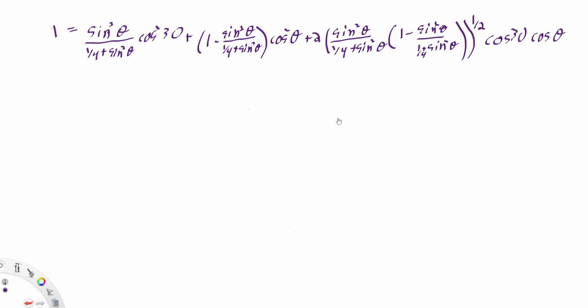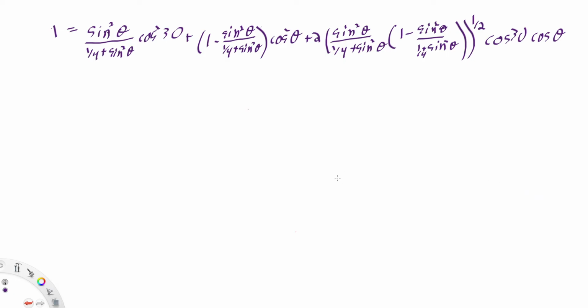There are some standard tricks to make this look better in a hurry. The number one thing that makes this equation look terrible is that there are fractions. So the first thing we're going to do is multiply everything by 1/4 plus sine squared theta.